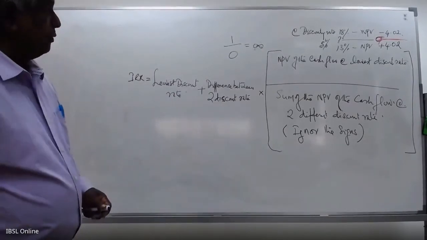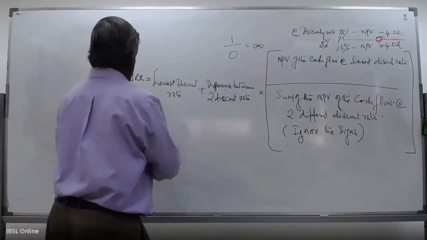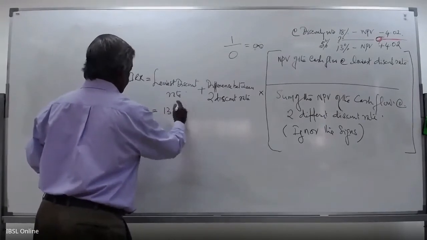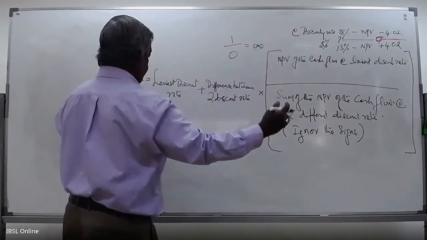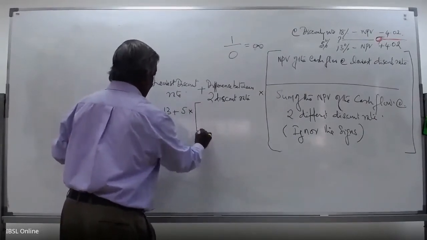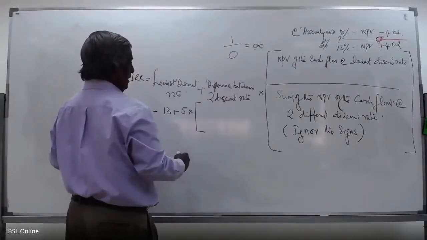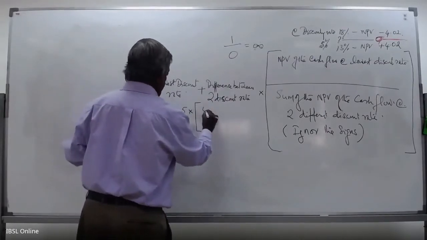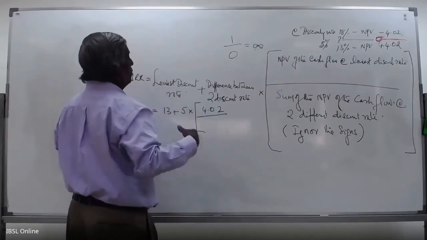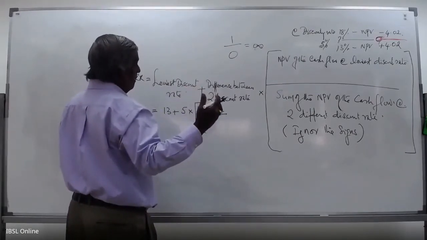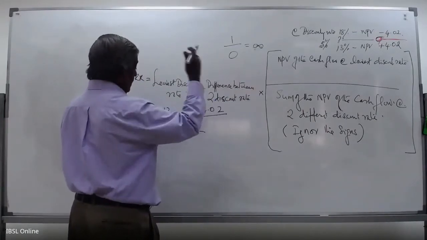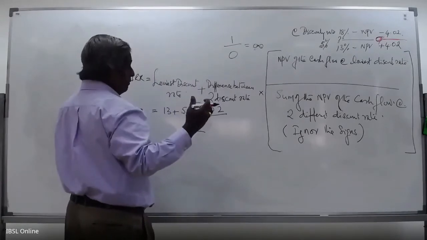So this is the formula. IRR is equal to the lowest rate, 13%, plus the difference between both rates, 13 and 18, that is 5, multiplied into the bracket: the lowest NPV at the lowest discount rate, that is 4.02, divided by the sum of the NPVs at the two different discount rates, that is 4.02 plus 4.02.